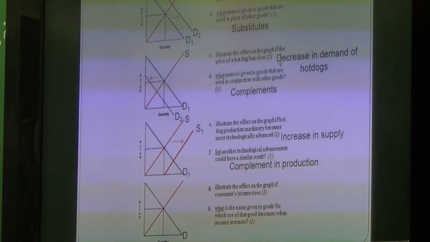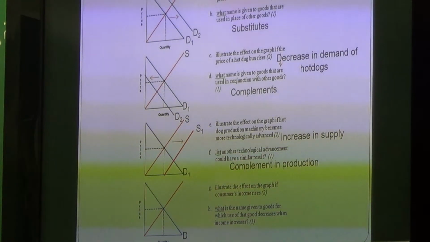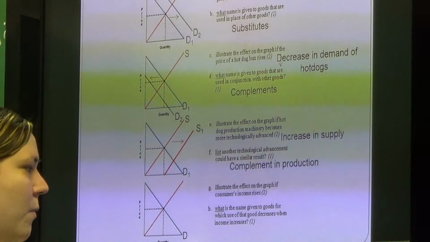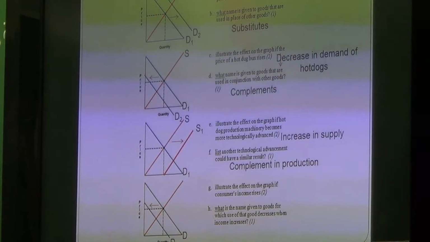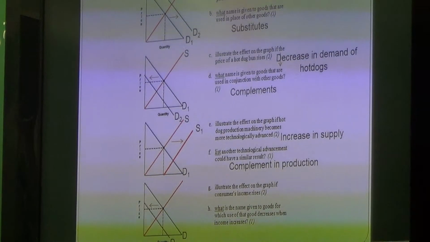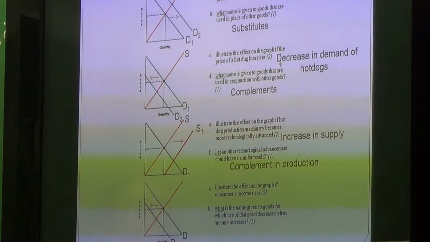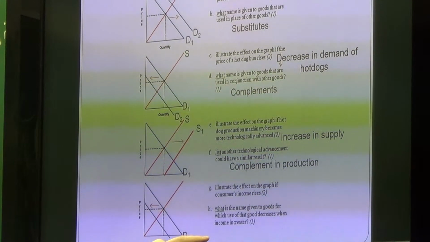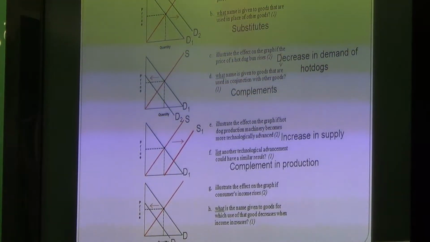The demand for hot dogs would go down, so it'd shift to the left because hot dogs are an inferior good. Yeah, it kind of depends. If we're thinking of hot dogs as an inferior good, which we will for this example, the demand would shift to the left. If it were like a car, would it shift to the right then? If this was the graph of a car and we're looking at still an inferior good, it would shift to the left.